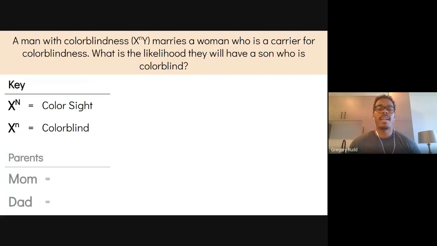I also need to find out what the parent genotypes are. So there's a lot of useful information in the question that should tell us what the parent genotypes are. Can anybody give me mom's genotype?